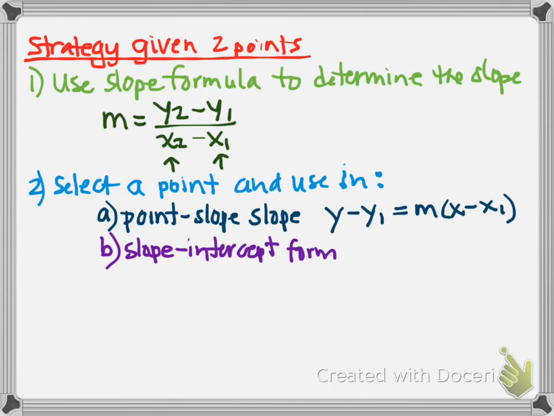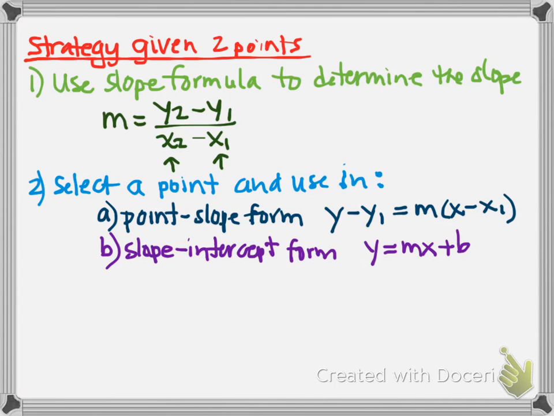Now, the big difference, I wrote slope, didn't I? When I am using slope-intercept form, the way that I use it to solve an equation is I'm not plugging numbers in and being done, okay?